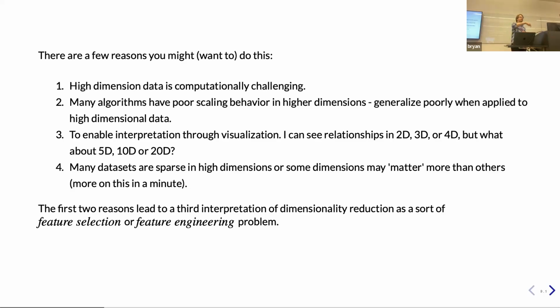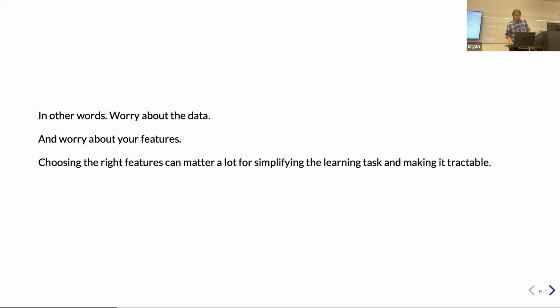Dimensionality reduction is often the first step before you apply other machine learning techniques. You're selecting the things that you think are going to matter, then you throw other techniques at it to get results on labeled data, for instance. So worry about your data and your features, and choosing the right features can matter a lot.